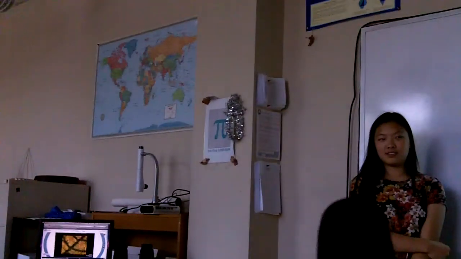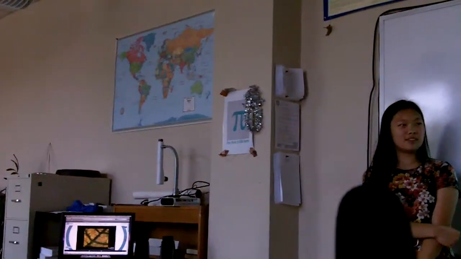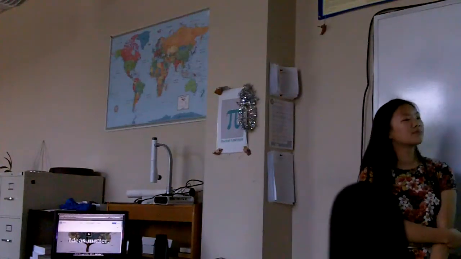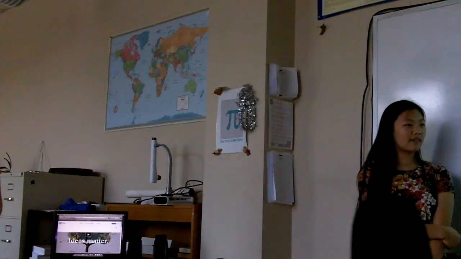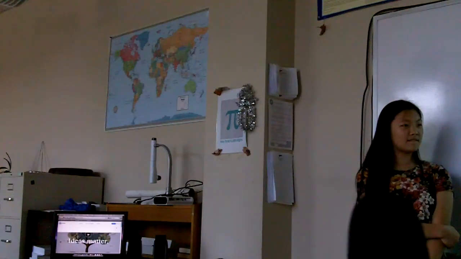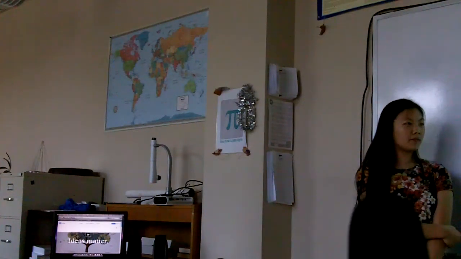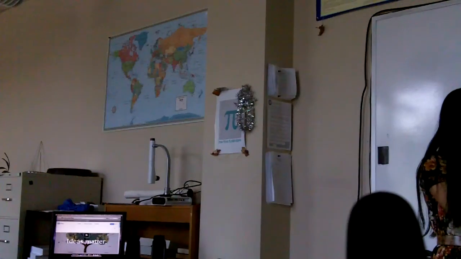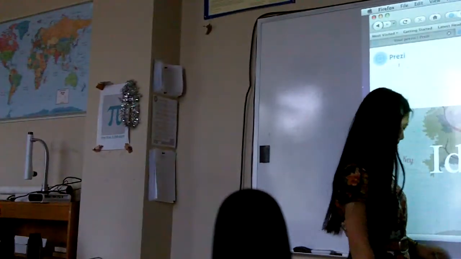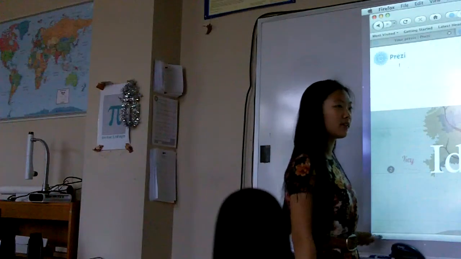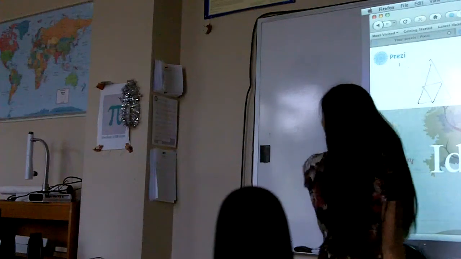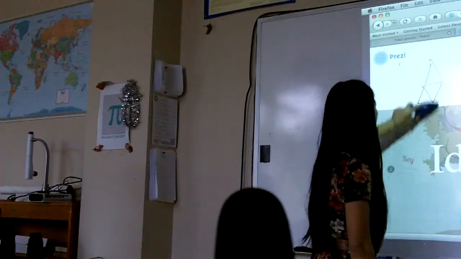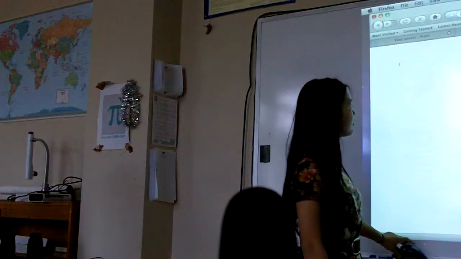Okay, questions? Is there any questions? When you were figuring out the dimension of Sierpinski's triangle, you said it was one triangle with 4 triangles inside of it. Let me look up a picture of it.